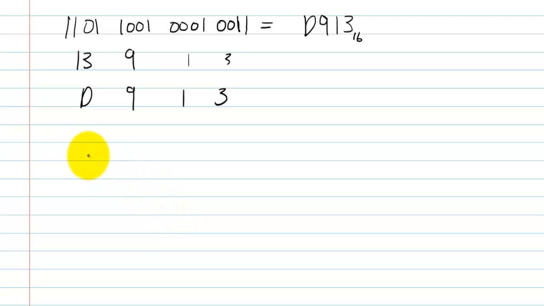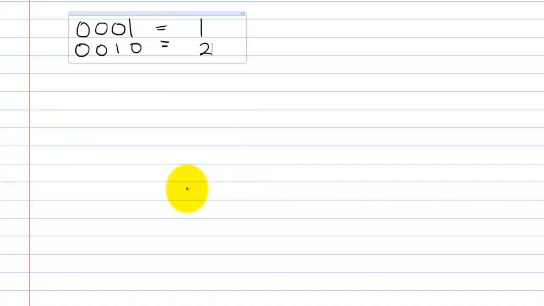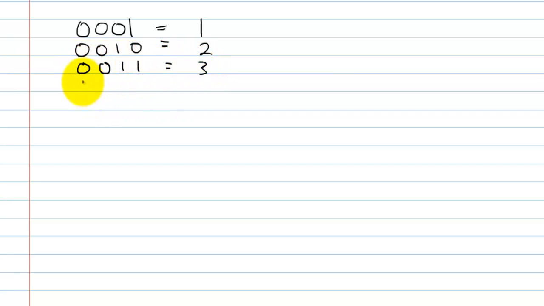So let's go ahead and, if we have 0001, this is the same thing as just 1 in hex. If we have 0010, that's the same thing as 2 in hex. And if we do 0011, that's the same thing as 3 in hex. 0100, that's equal to 4. 0101 is equal to 5 in hex.